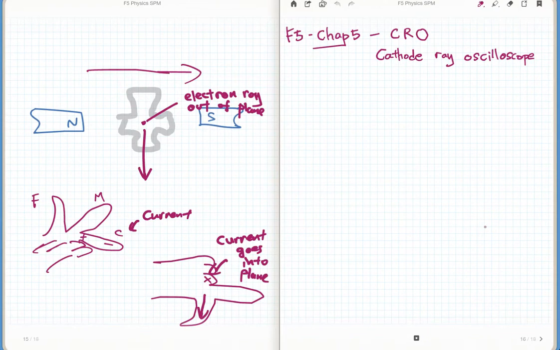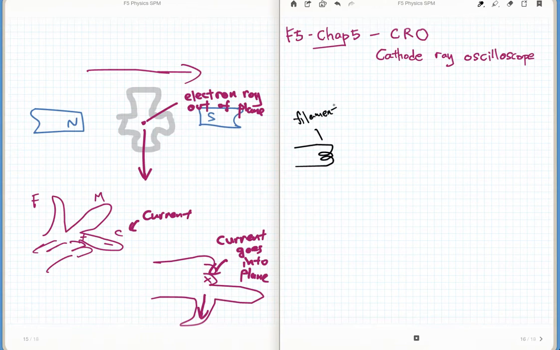Now, as for the oscilloscope, from your school, I hope you have had a chance to operate it. The cross-sectional view would look like this, where it starts off with, again, a heating element, where the filament is being heated up and it glows, normally a yellowish color.